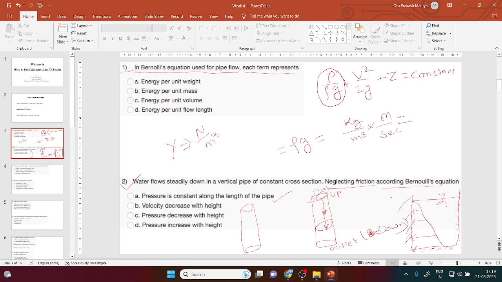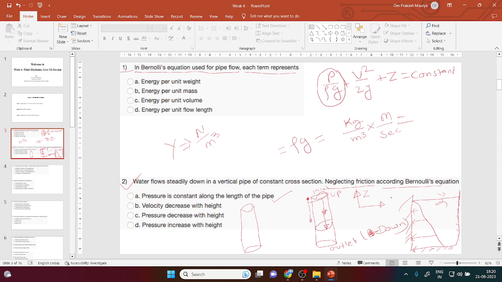So the question is: is this water flowing steadily down in a vertical pipe of constant cross section? Vertical pipe means you are starting from here, that is the initial condition, and you are going in this direction, gaining height, which is negative if you represent your axis like that.